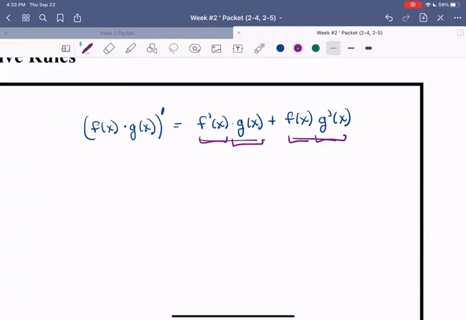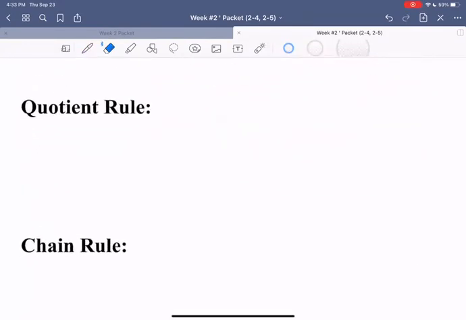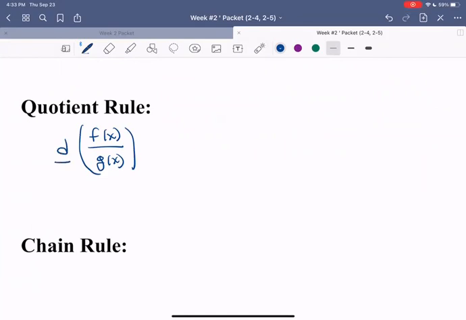All right, so now let's take a look at the next rule. Our next rule is the quotient rule. This comes in if we have a function that involves a quotient of two functions. So if I have, let's say, f of x in the numerator over g of x, then the derivative of this quotient is the following.